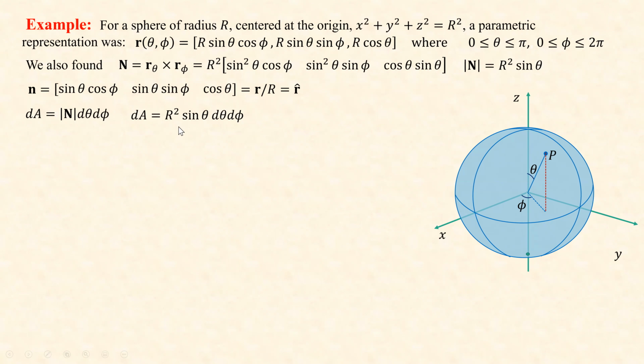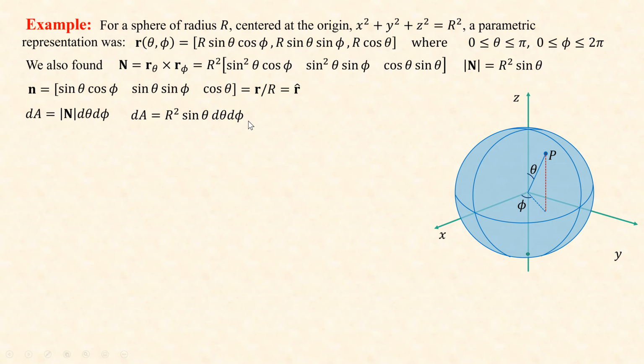It is r squared sine theta d theta d phi. But if you do n divided by the magnitude of n, that's correct, sorry. N divided by the magnitude of n becomes this, which is R divided by capital R, the magnitude. All right, so everything is correct, sorry. So dA becomes like this.